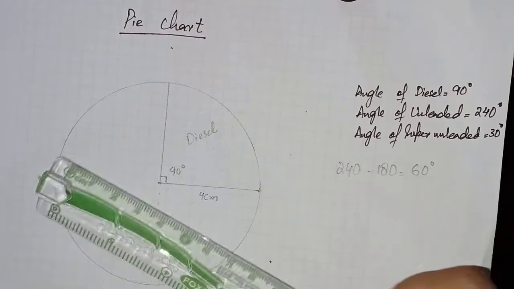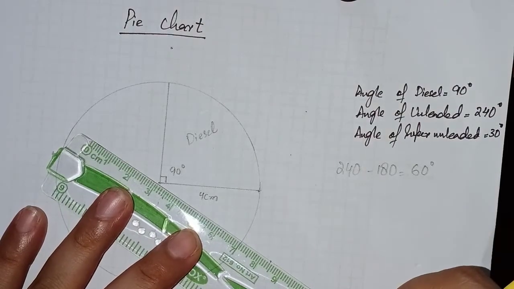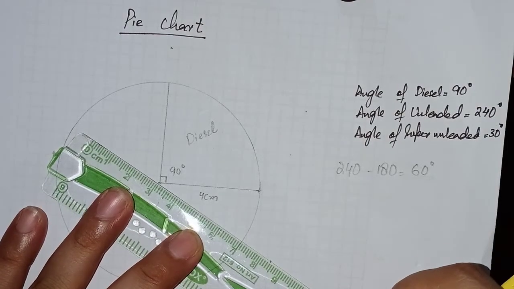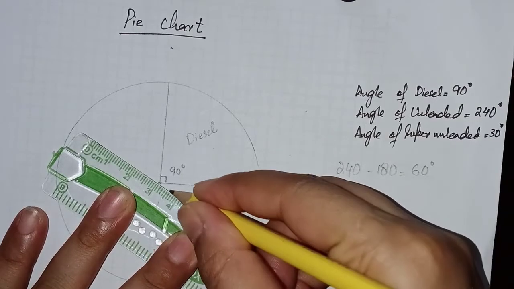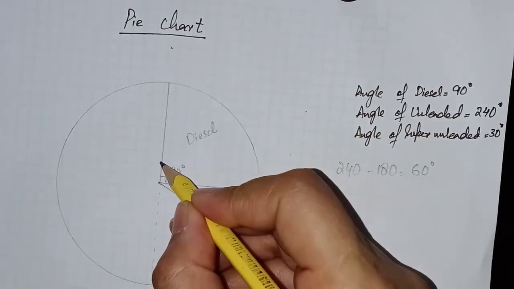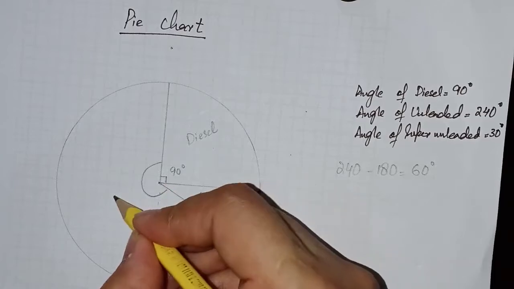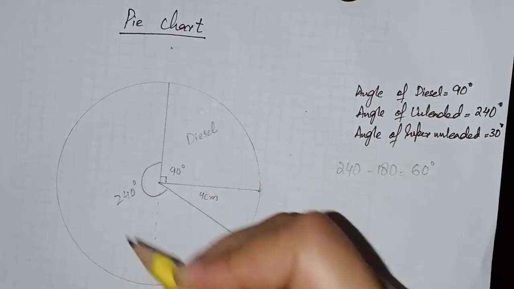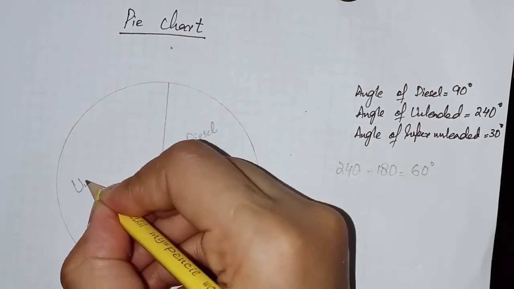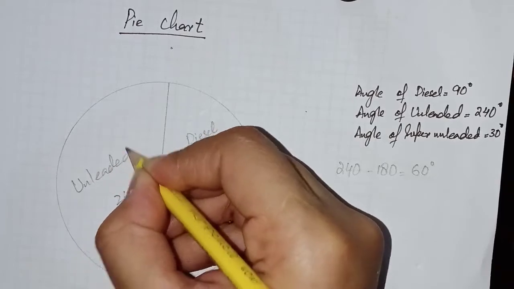Now here we will draw this line. So this angle is 240 degrees, and here we have unleaded fuel.